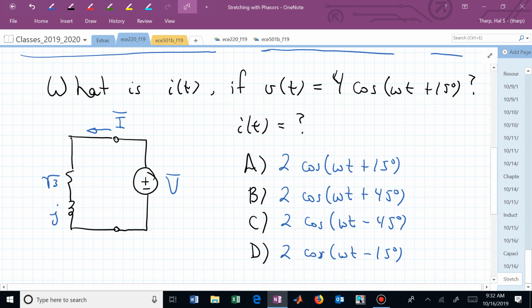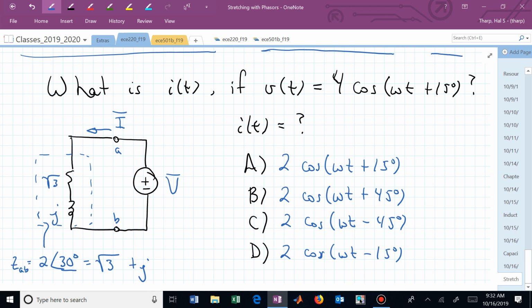We now know that this impedance we can lump that all into 2 at 30 degrees, which was the same as the square root of 3 plus j. You need to be comfortable going from rectangular to polar and back.